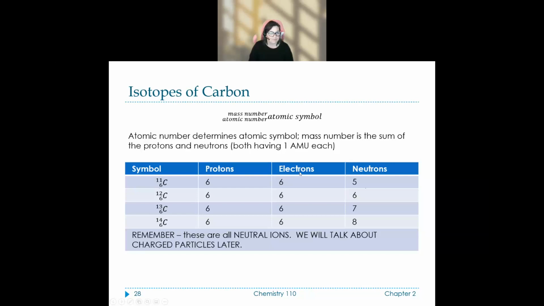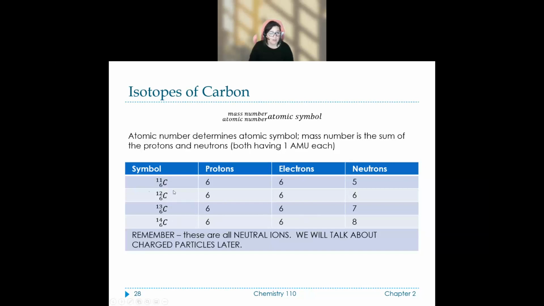That's what that is. The only difference, if we go to a different mass number, so the 12, the 13, or the 14, this is carbon 12, this is carbon 13, this is carbon 14. The only difference is going to be in the number of neutrons. Number of protons stays the same, 6, which gives us carbon. Number of electrons stays the same, 6, because I have 6 protons, so I need 6 electrons, because there is no charge on this. But the number of neutrons will change.